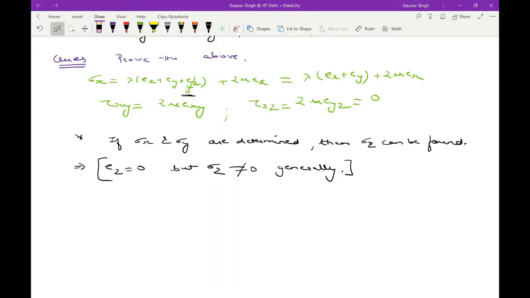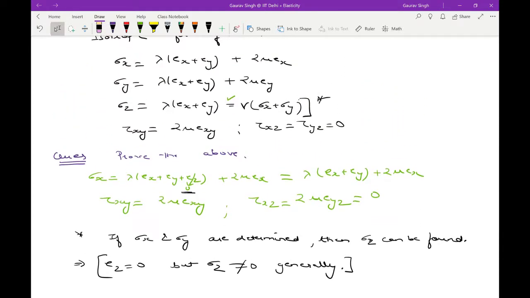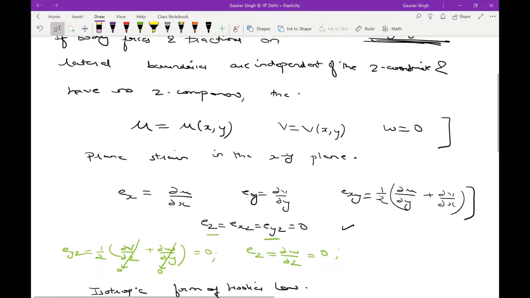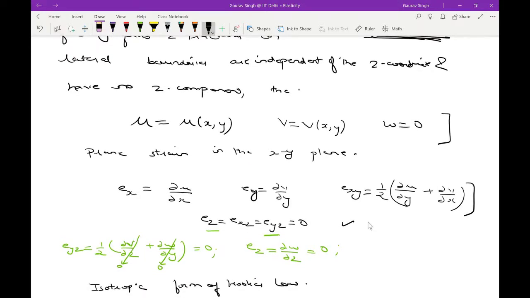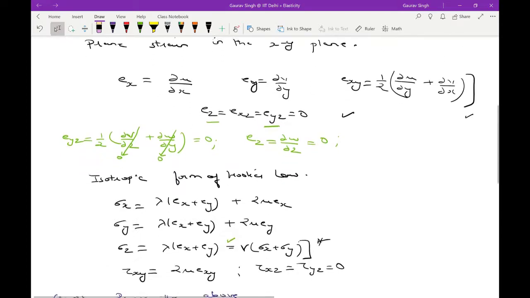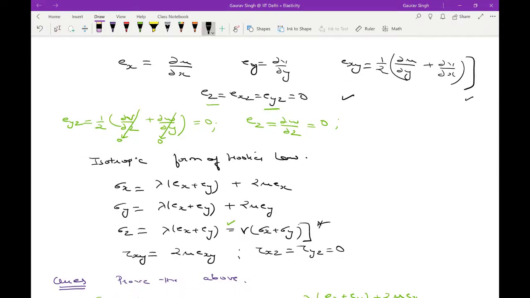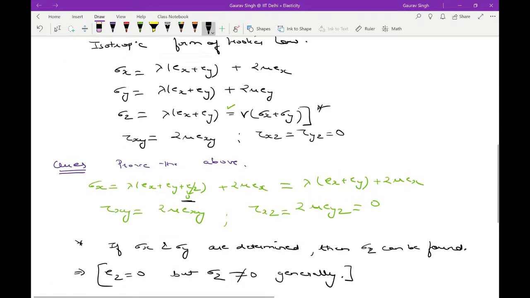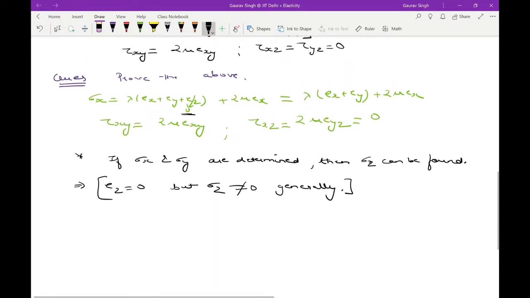So these are the two observations which one has made, and one of the things which you should also note is that all the stress and strain components will be functions of in-plane coordinates, which is x and y only. Reason is the displacements are a function of x and y only, hence the strains will be a function of x and y only, or it will at worst be 0, and because of that the stress will also be a function of x and y only. So this is an important point to note. We will see the importance of this note later on.